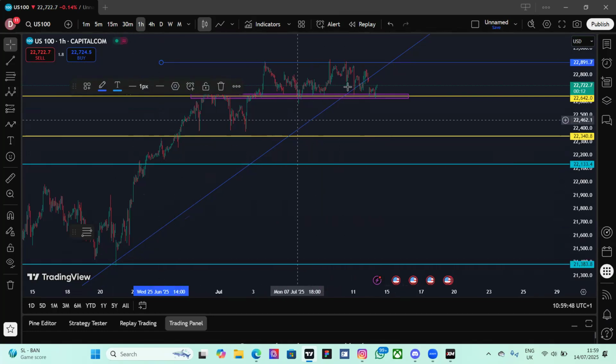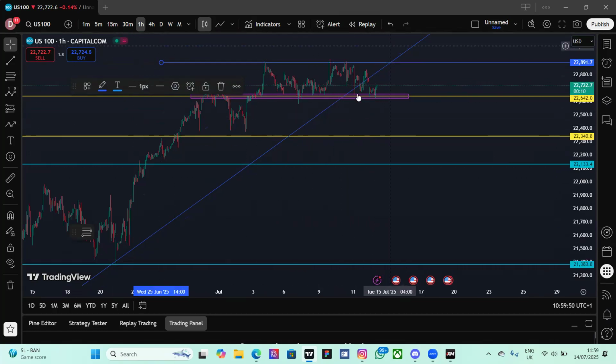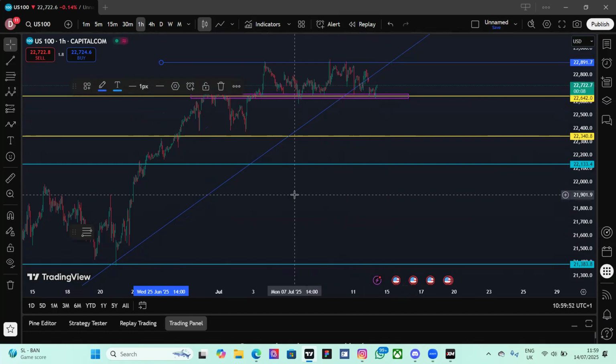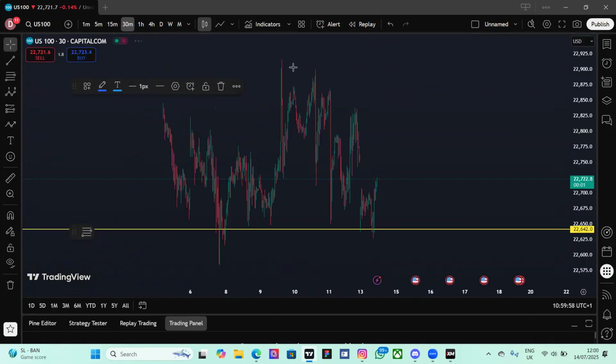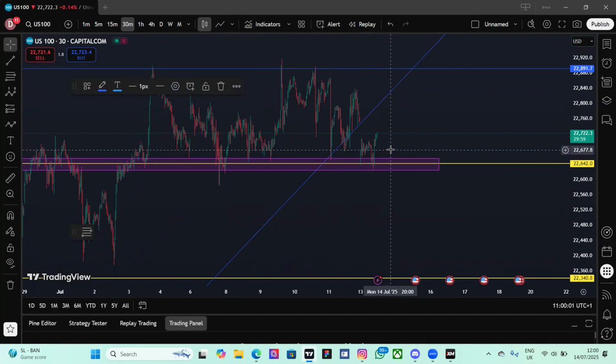But this trend line is also making me think otherwise, because there's a little bit of a gap that we had during the market open, which is being filled currently.